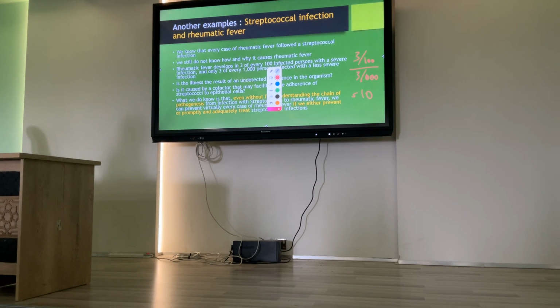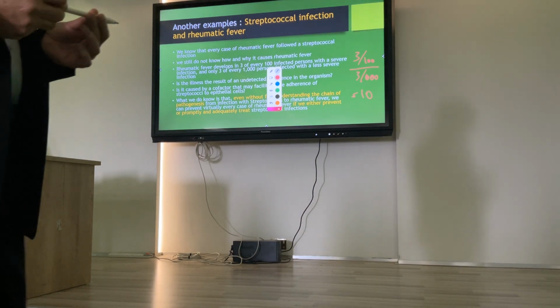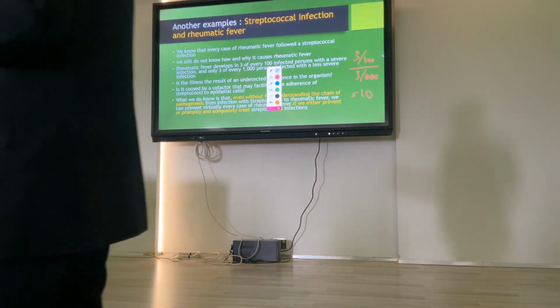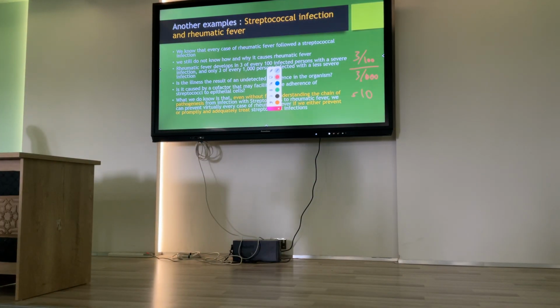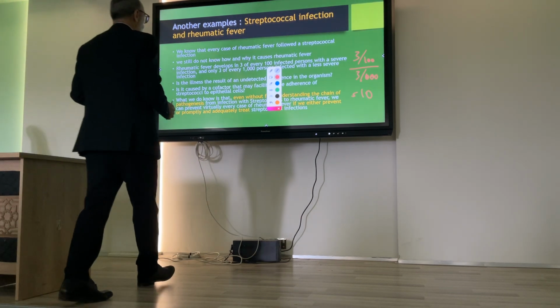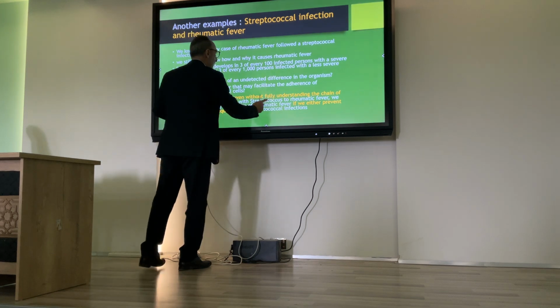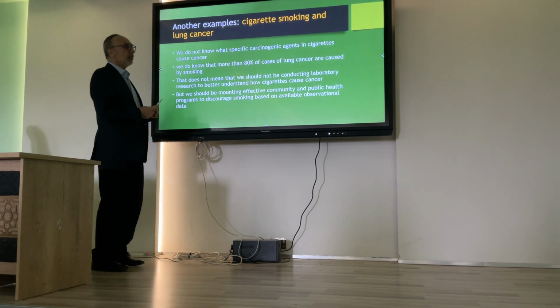By prescribing penicillin, they noticed that the risk of rheumatic fever had decreased dramatically. This is a second example that shows even without knowing the mechanism of disease, even without knowing the actual cause of the disease, we can prevent rheumatic fever.